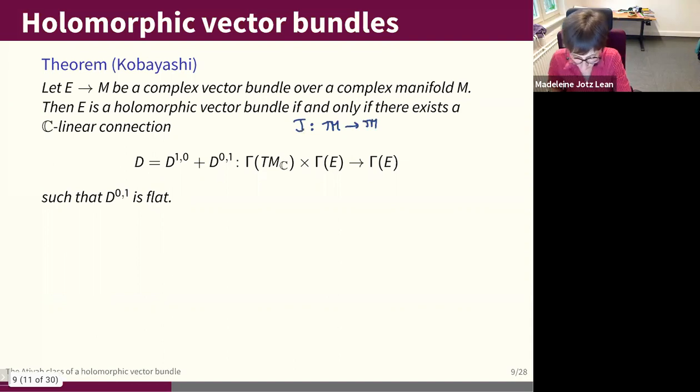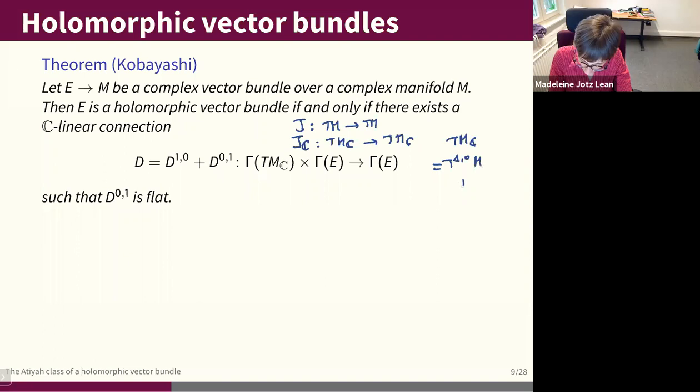It's a multiplication by i in the fiber that you get from your complex structure on M. When you complexify TM, you can complexify this map as well, and you get the two eigenspaces, T^{1,0}M plus T^{0,1}M, of the eigenvalues i and -i of this complexification.